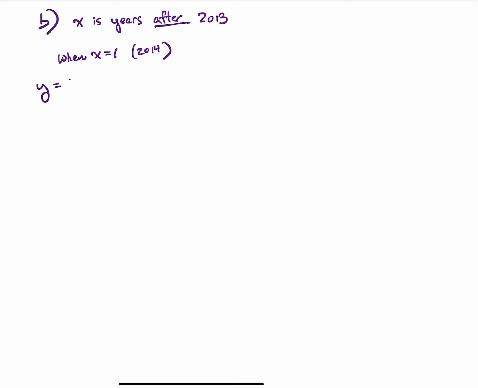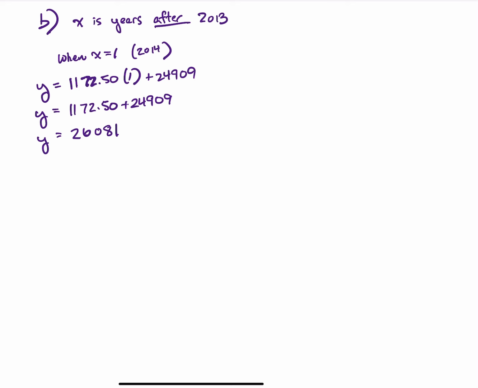So the equation was 1172.50 times x, so I'll just plug in 1, plus 24,909. So that'll just give me the same value. So adding these two together, you should get 26,081 and 50 cents.